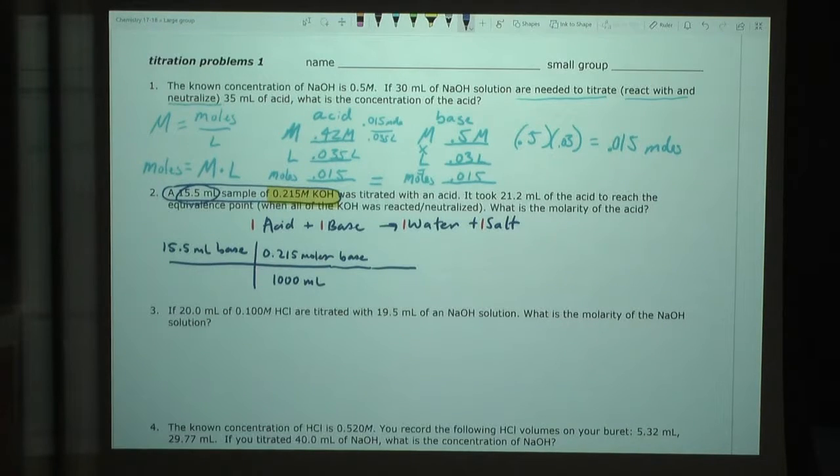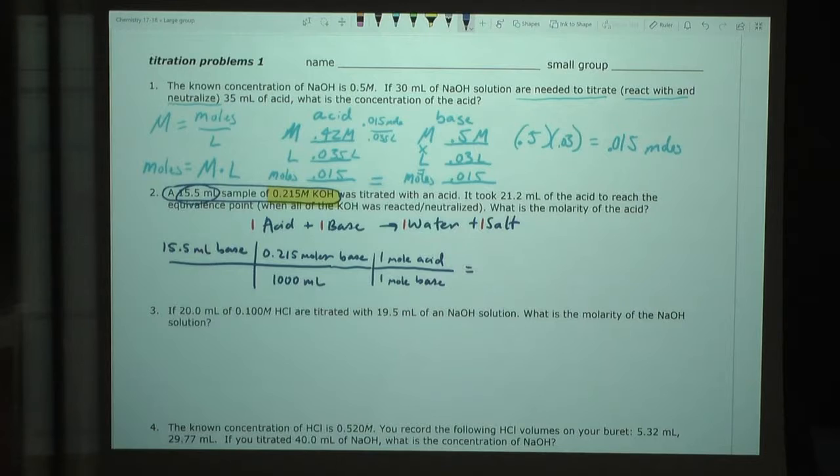The next step is to use that mole to mole ratio like we do in stoich. And according to my problem, there's 1 mole of base in the equation for every 1 mole of acid. There's my 1-to-1 ratio that we keep emphasizing today. And that's as far as I can go because I don't have necessarily the next piece of information, which would be the molarity. That's what I'm trying to find. So for this one, I'm going to punch this in, and I'm going to get moles of acid.